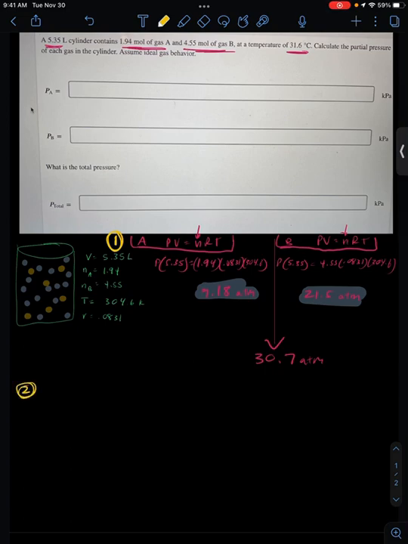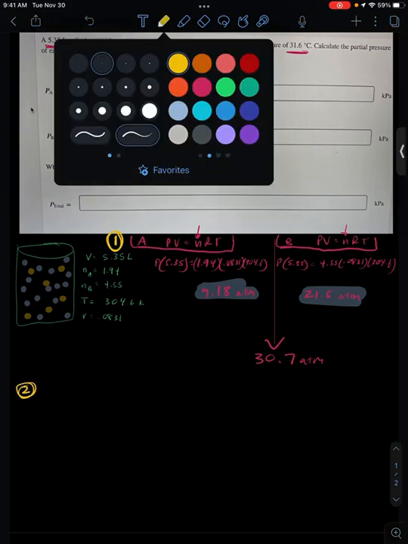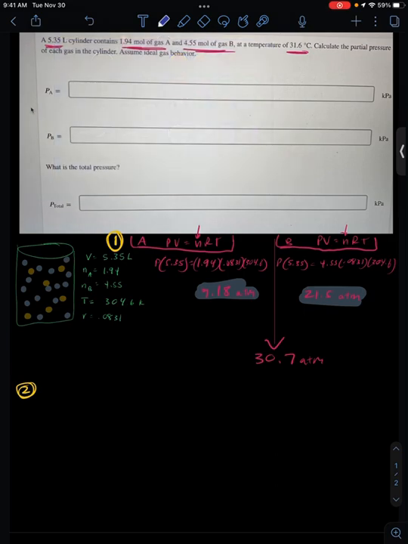And the second way we can do it, we can solve using PV equals nRT, with my total number of moles. You need to add up the number of moles of A and then B. So 1.94 plus 4.55 is 6.49.